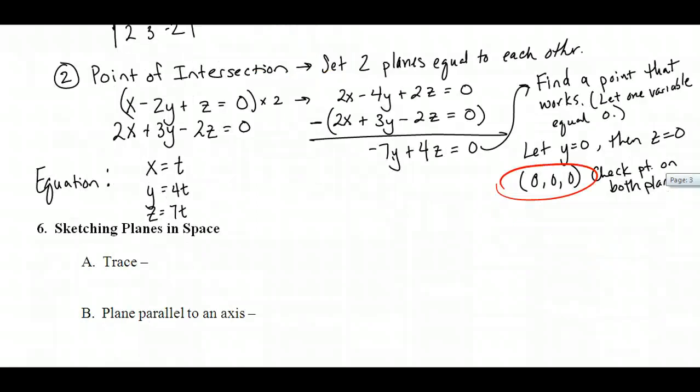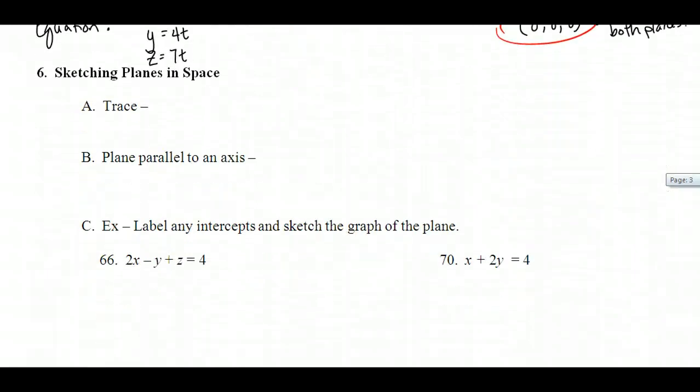Okay, another thing that we'll do is we are going to sketch planes in space. And these end up being fairly easy sketches. They have something called a trace. What this is, if a plane in space intersects one of the coordinate planes, the line of intersection is called the trace. So say that slowly here.